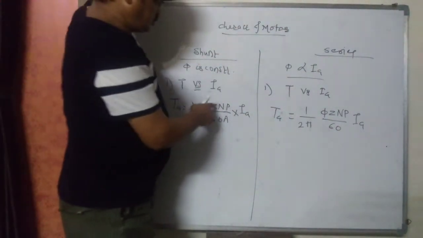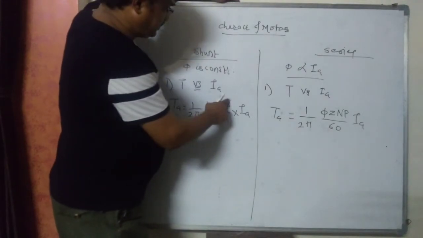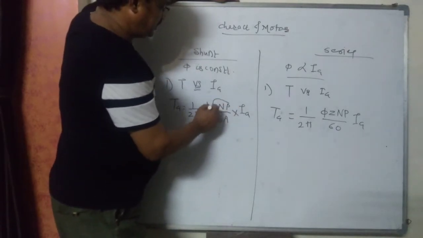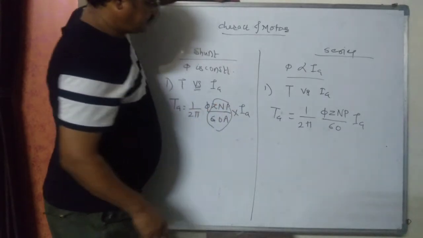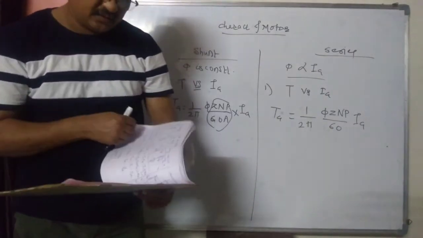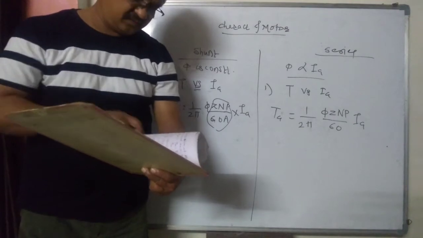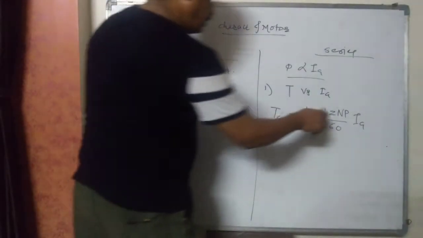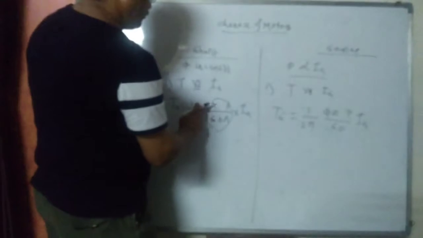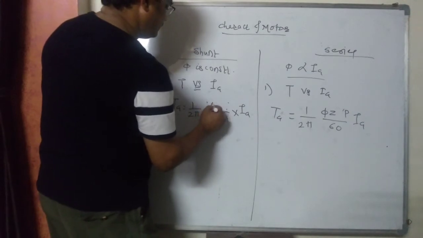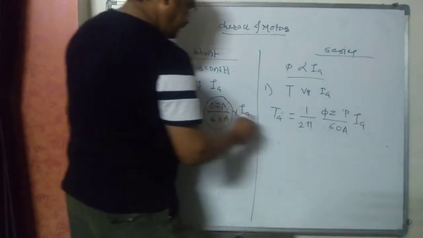Z is the number of conductors, constant; P is the number of poles, 60A, these parameters. In the torque equation there is no N, no speed term. So phi Z P upon 60A, this is constant.